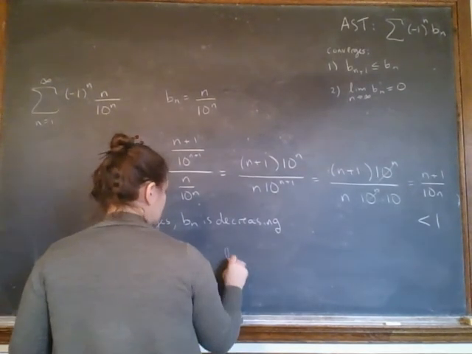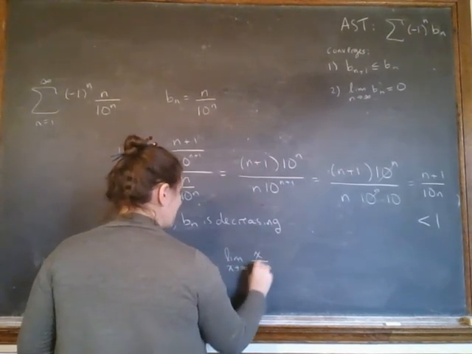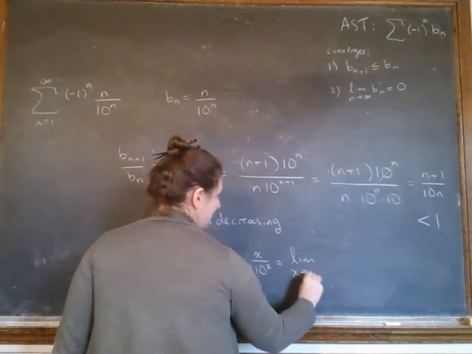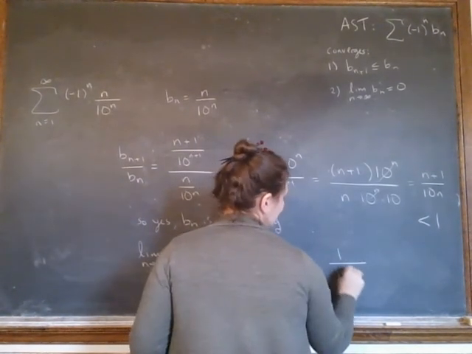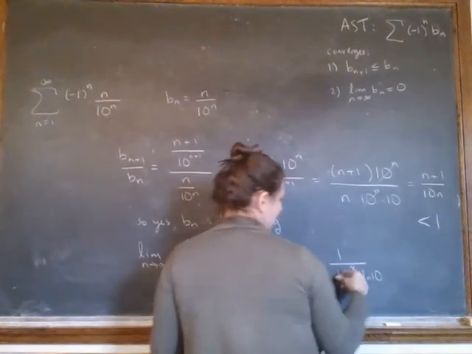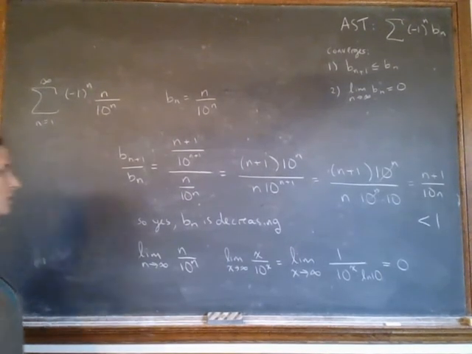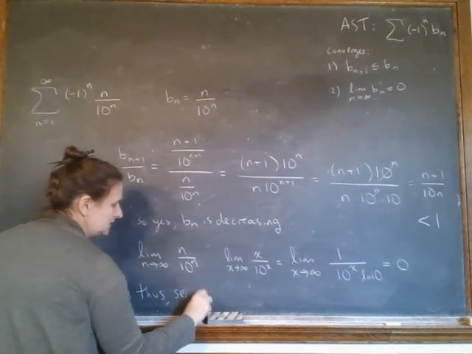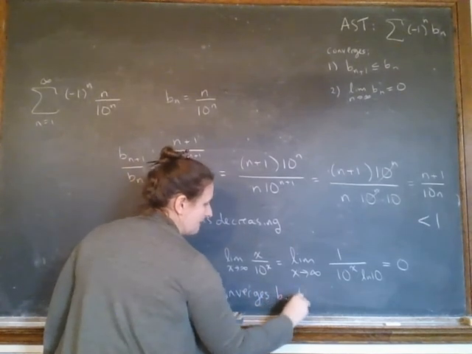But technically, we want to do L'Hopital's rule with an x so that we can actually do the derivative. And then this would be 10 to the x times natural log of 10. And then, of course, this is 0. So there you go. Thus, the series converges by this alternating series test.